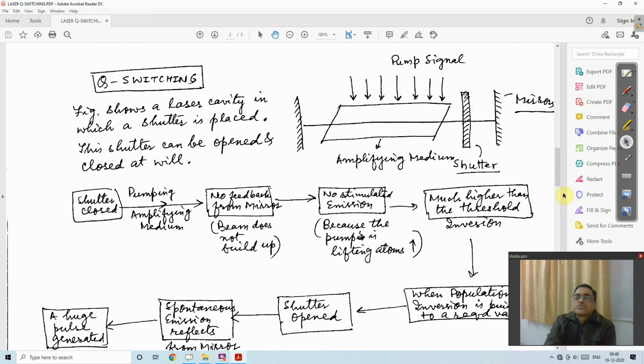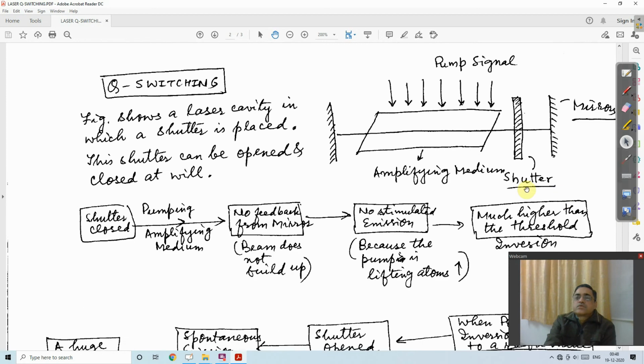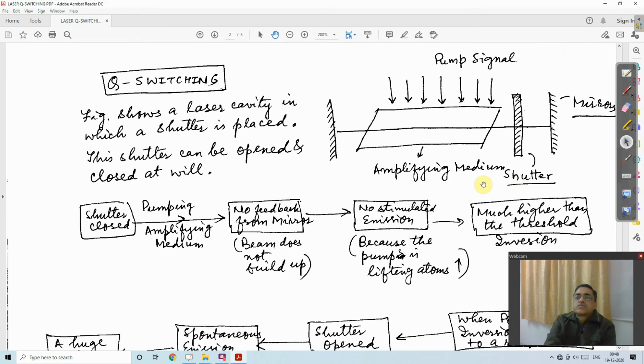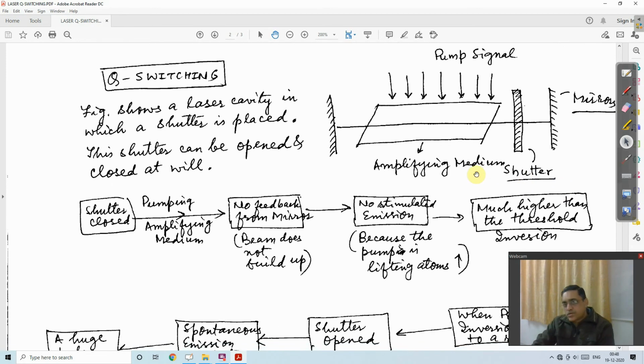Now let us have a look at Q switching. As you see in the figure, there is a pump signal and the amplifying medium, and two mirrors as always, mirror 1 and mirror 2. But what is different is the shutter.